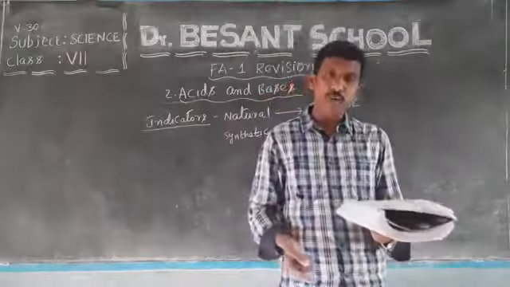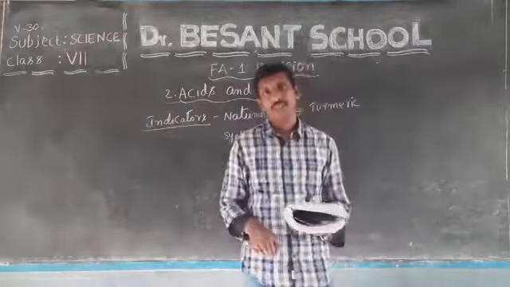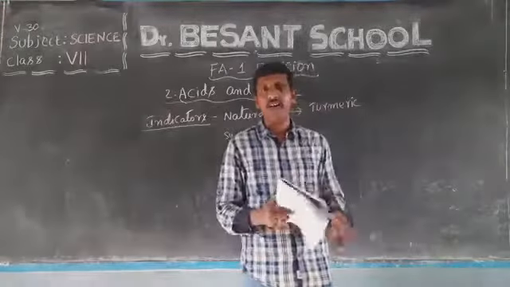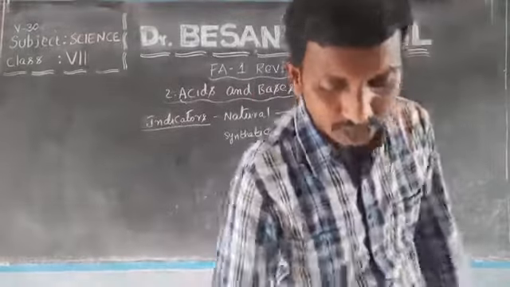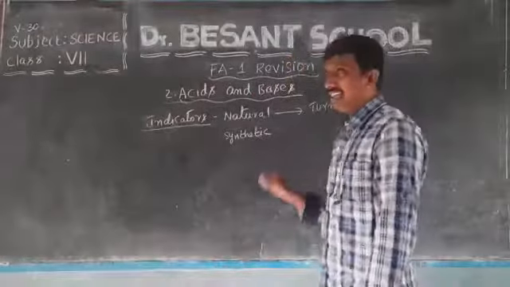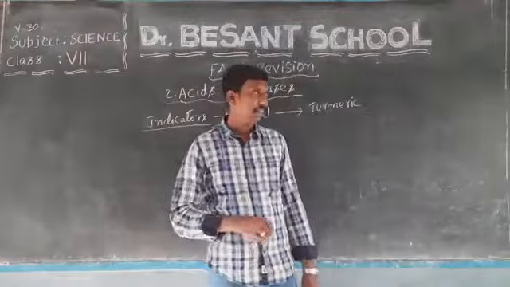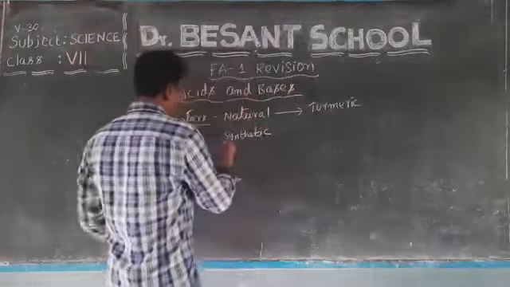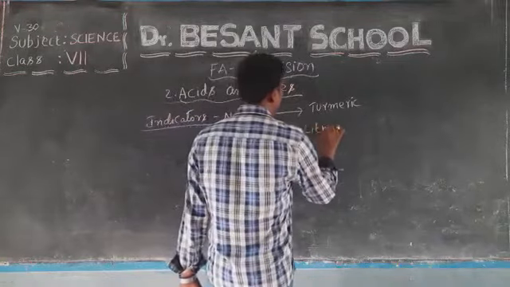With beetroot, these substances again change from red to yellow. Okay, my dear students, these are the things we have observed. Later, we used different natural indicators: turmeric, beetroot, mango leaf, isn't it? Yes. Next, we discussed some more indicators, that is litmus papers.